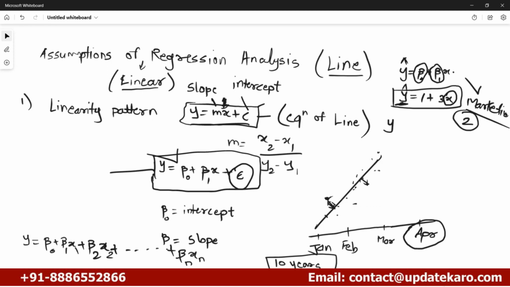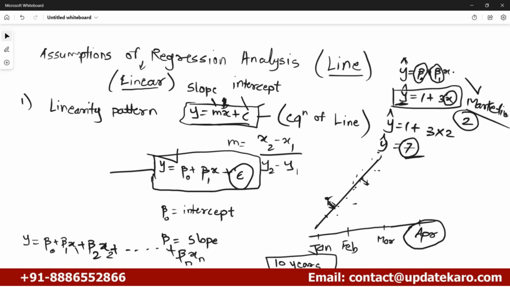So y hat equal to 1 plus 3 into 2. Your estimated value of the sales in April is going to be 7, which means 7,000 crores in the April month, and that is just the prediction.